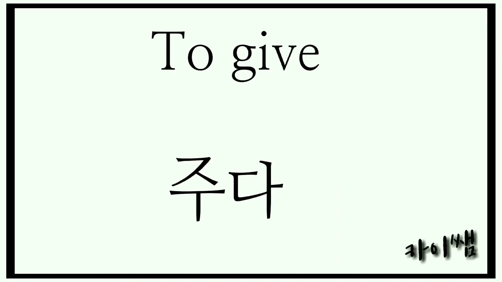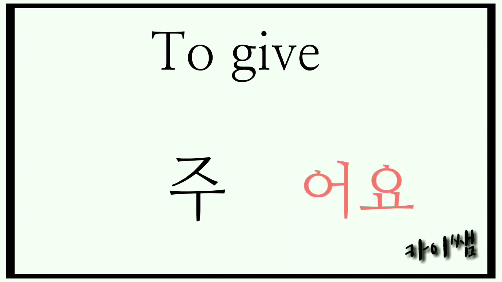Chuda. Chuda, tanggalin uli natin yung da, and then i-check natin yung last vowel niya. And ang last vowel niya is U. So, ibig sabihin, hindi ito O, hindi rin ito A, not O and A. So, we will add oyo.